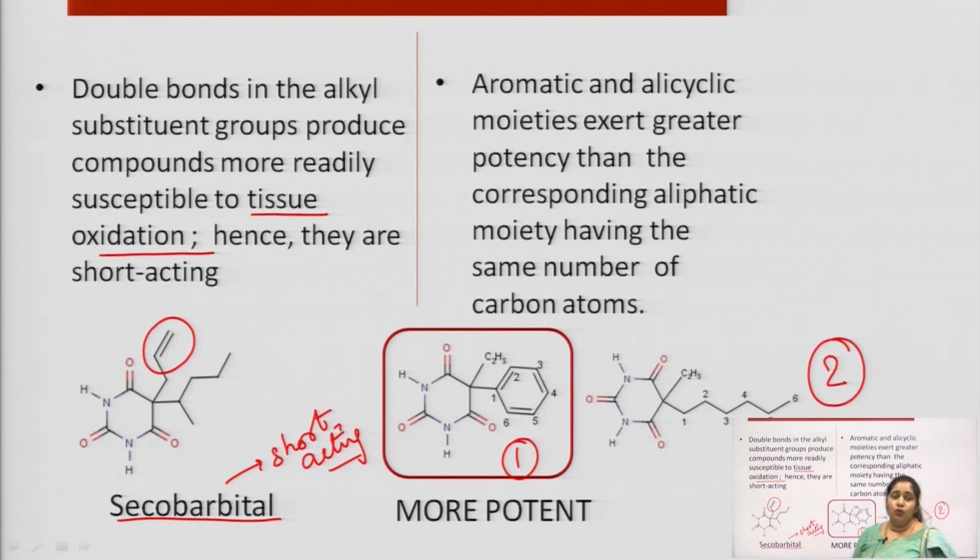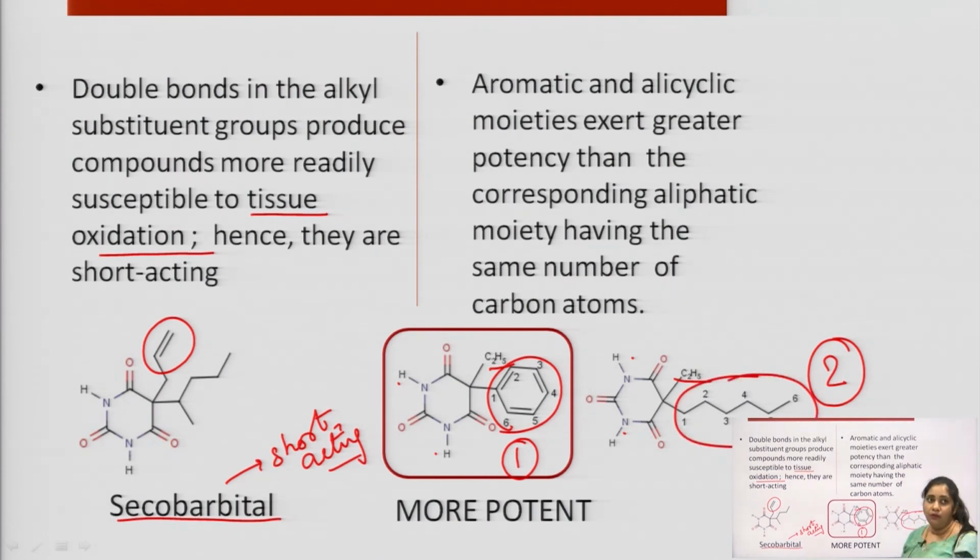Both nitrogens are unsubstituted, and the ethyl group is also similar. The only difference is that one contains an aryl, a phenyl ring, and the other contains an aliphatic substituent with the same number of carbon atoms, that is 6. Here is a 6 carbon ring and here is a 6 carbon chain.